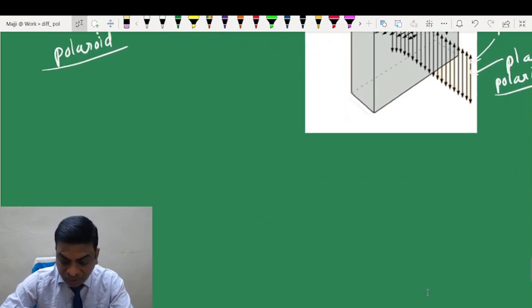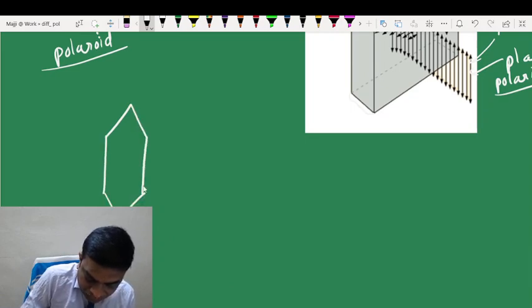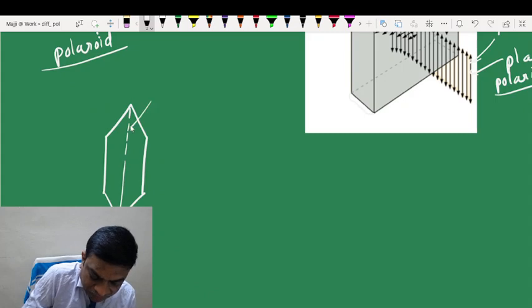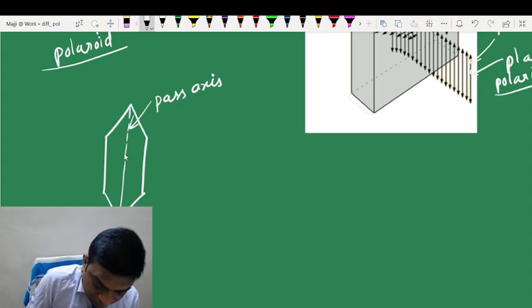So usually what happens, I'll explain it through a simple diagram. Here you can take the Polaroid like this. This you can call the pass axis through which electric field components are allowed to come.